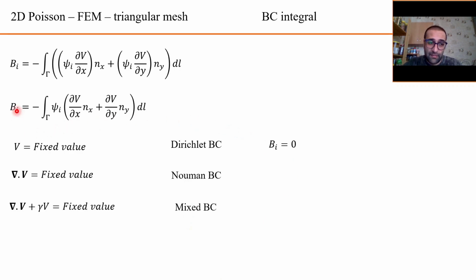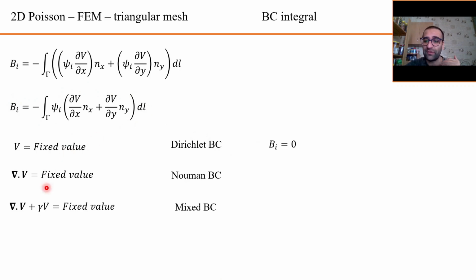About this integral, when we are dealing with the Dirichlet boundary condition, this integral, even for the edges of the elements located at the boundary of the simulation, is 0. Why? Although we know the value of the function, in this integral we are dealing with the derivative of the function, and we do not have any information about it. Therefore, with the Dirichlet boundary condition, this integral should be 0.